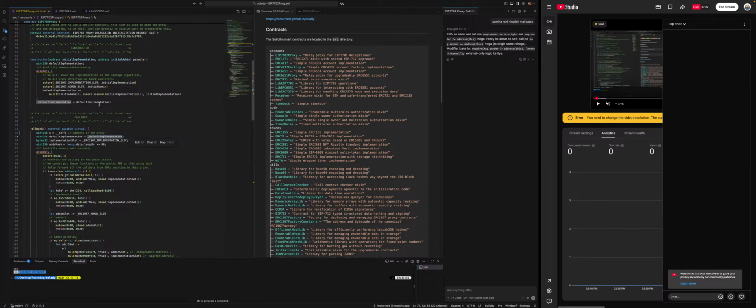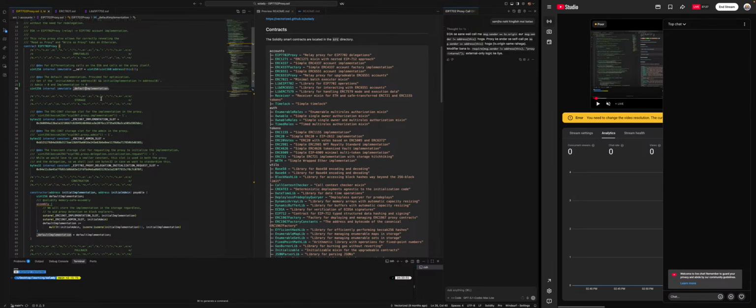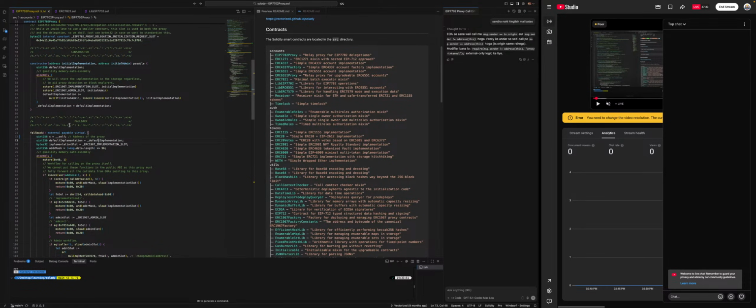Wait a second, but then if we are storing the default, wait a second, oh sorry, my bad. Default implementation is not an address. Oh sorry, it's initial implementation and this is default implementation.